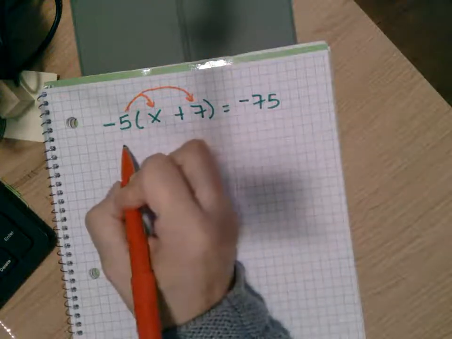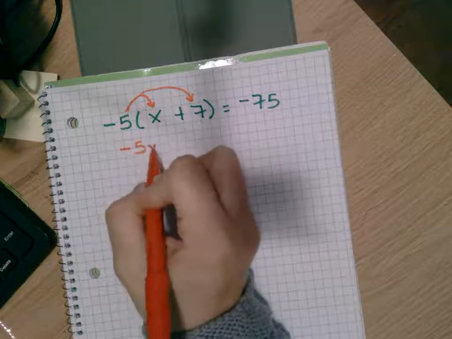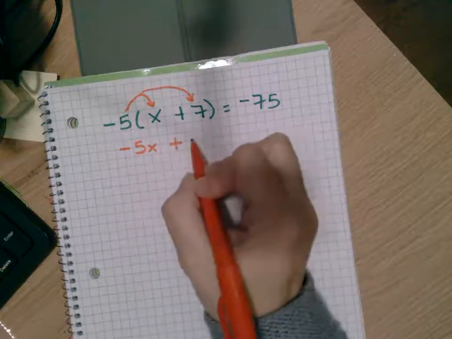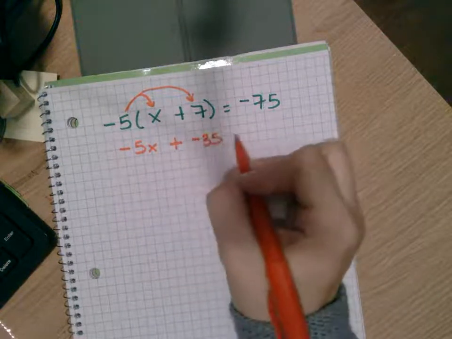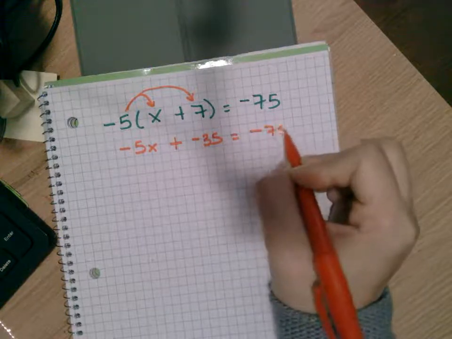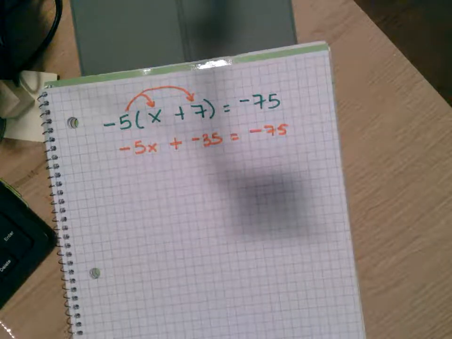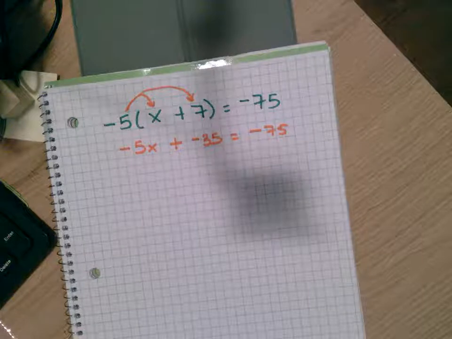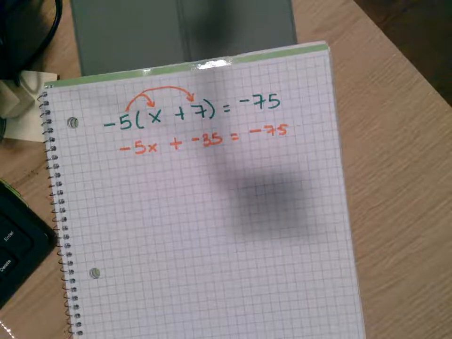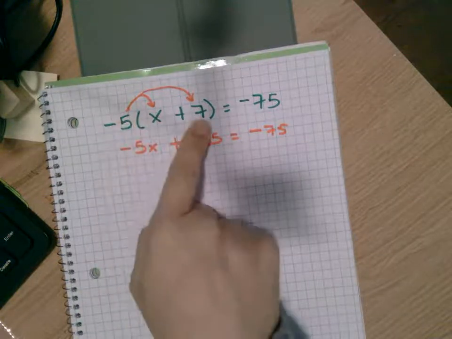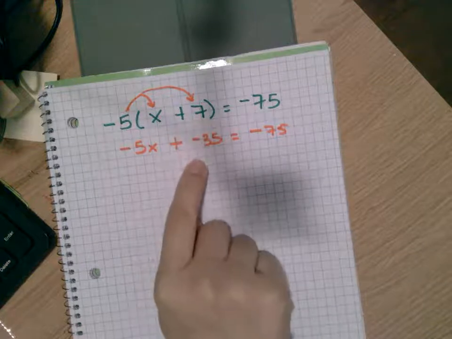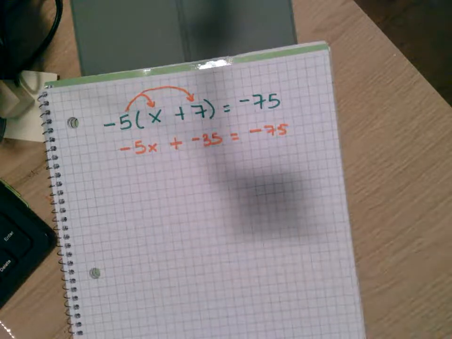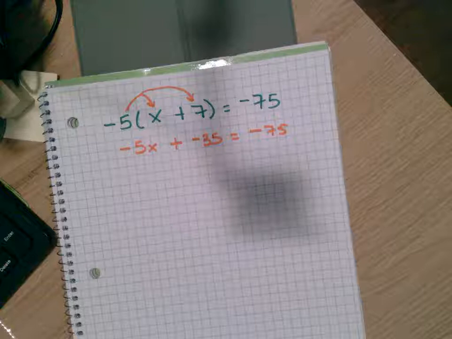So that gives you negative 5x plus negative 35 equals negative 75. Again, I'm relying on the fact that you know how to do negative 5 times 7, and you know that it's supposed to be negative 35. We learned that like over a month ago.